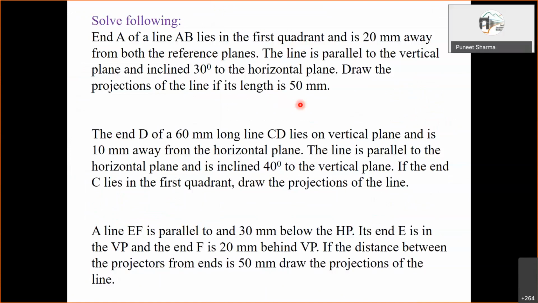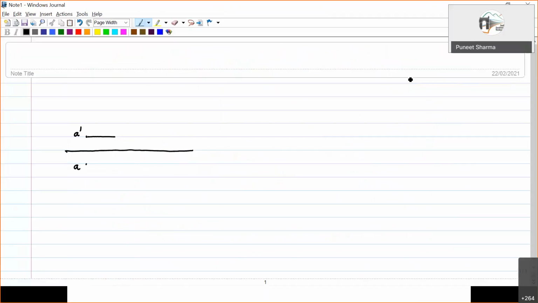It is parallel to the vertical plane, so the true length will be available in the front view. So next, with the 30-degree inclination, this is our theta, I can draw the line with a 50 mm length and locate B dash.